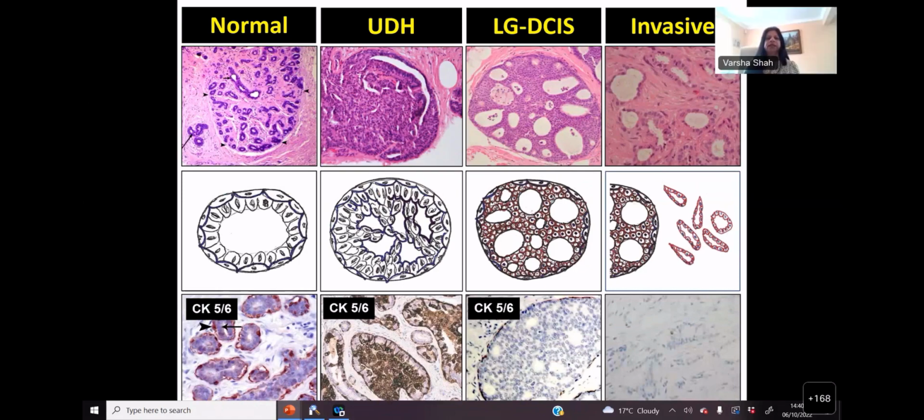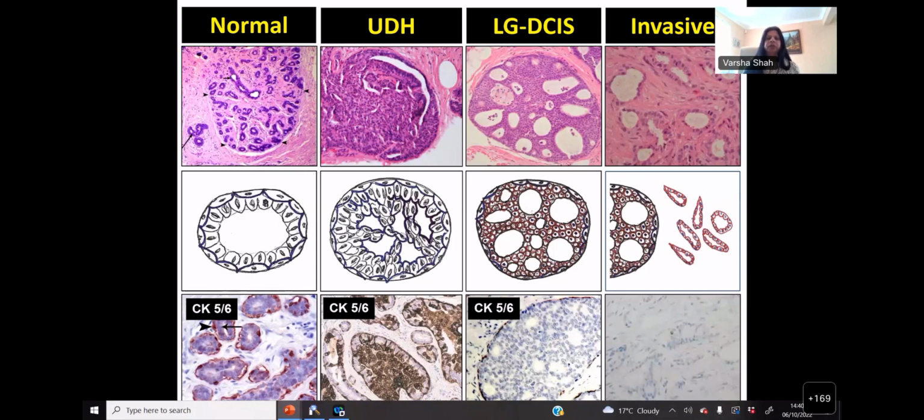What happens in usual duct hyperplasia is that both this inner epithelial layer as well as the myoepithelial layer proliferate. But the proportion of epithelial cells versus myoepithelial cells may vary. So you may have more epithelial cells or you may have more myoepithelial cells. While in DCIS, only the inner epithelial layer proliferates, and it is a neoplastic proliferation as opposed to UDH.